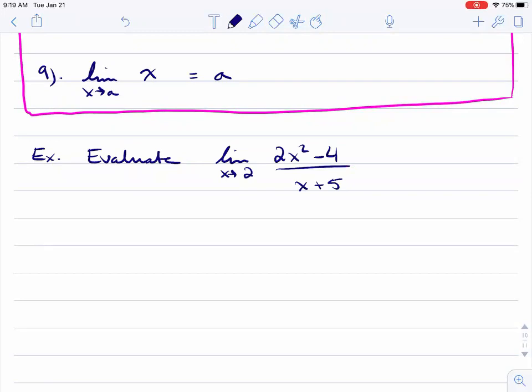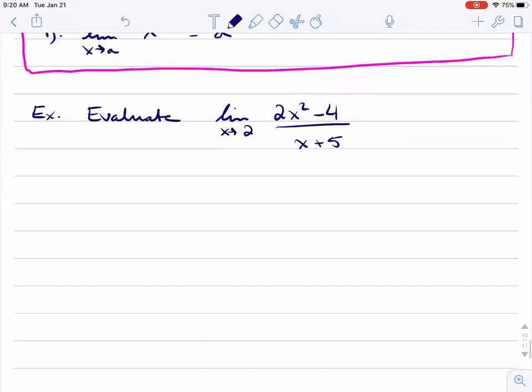Use those limit laws and bring that limit as close to all the x's as you possibly can. You should end up with 4 different limits to work with. I'll set it up here.